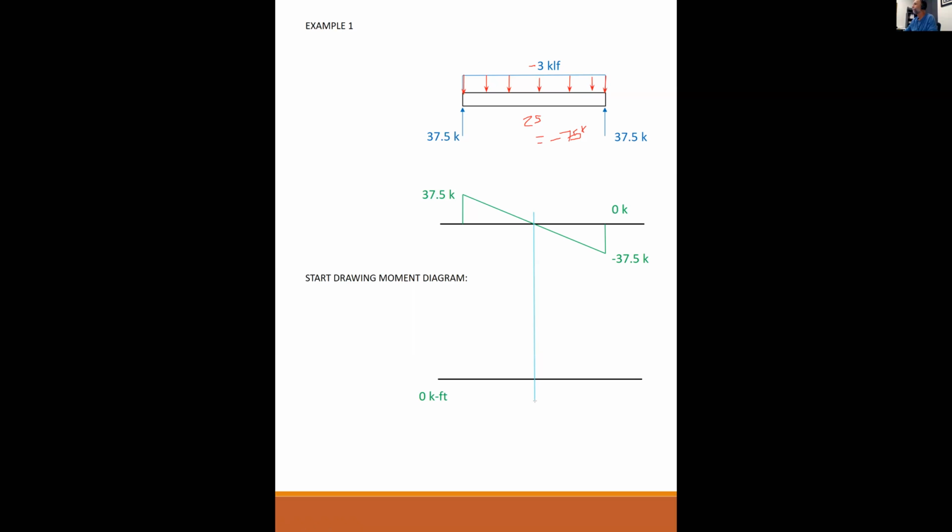Exactly. That is perfect. So right there, the change in the moment is equal to the area of the shear. So the change in the moment would be equal to 37.5 times 12.5 feet times half. That's this area.